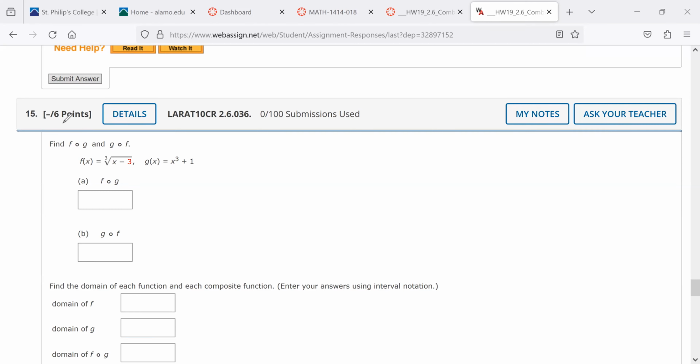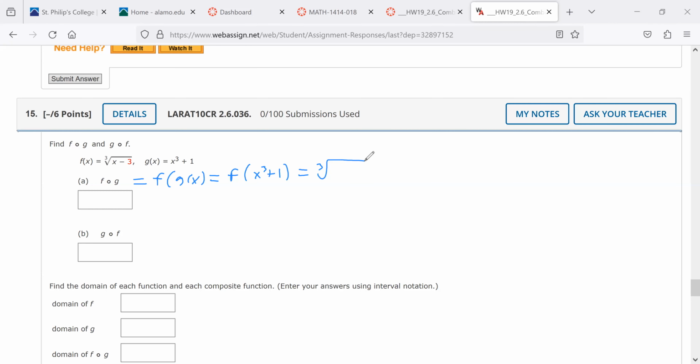All right. So first find the compositions of f of g and g of f. So this guy means plug in G. Let's skip a few steps here. So this x cubed plus 1 is going inside the cube root.